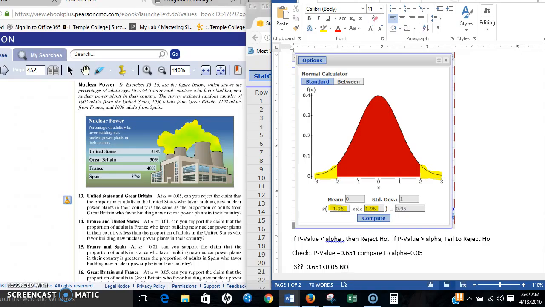Well, no. So I can't reject H sub O. But it says if the p-value is greater than alpha, so I ask myself again, well, is 0.651 greater than 0.05? Well, that's yes. So we fail to reject H sub O, or H naught.